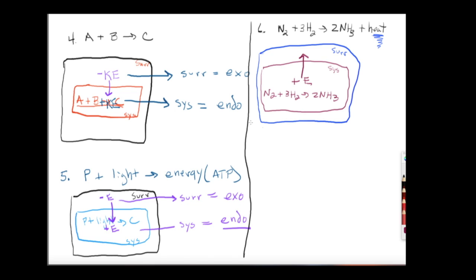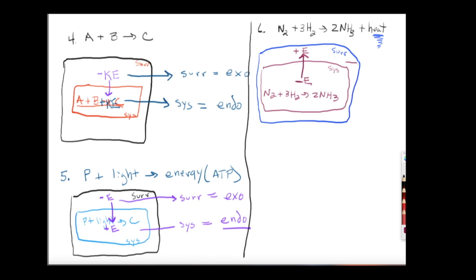Whoops, I made a mistake. Let me fix this very quickly. Okay, so the chemical reaction is indeed producing energy. All right, but the energy does not remain in the system. So we need to have a negative sign here. And it is going to enter the surroundings, because remember, for reactions that produce energy, the surroundings are going to warm up.